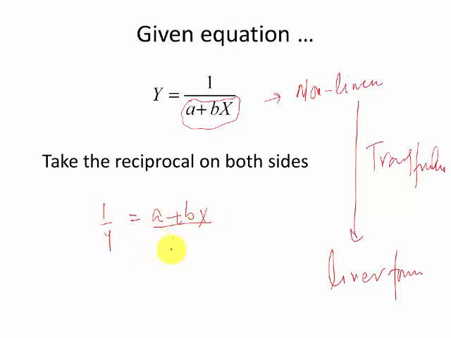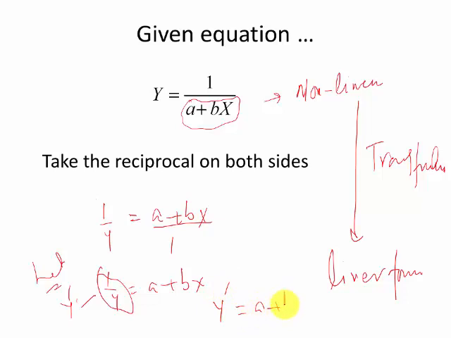If you see technically this is 1 over a plus bx, so let 1 over y be equal to y dash, so the final form is y dash is equal to a plus bx, where y dash is again the reciprocal of y.